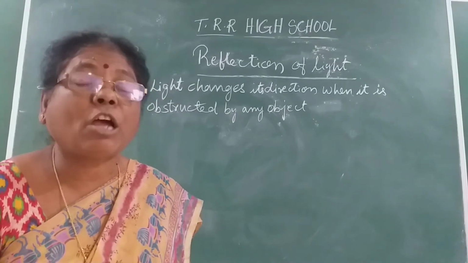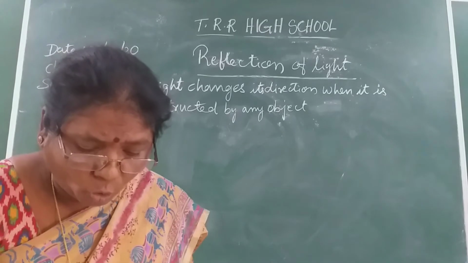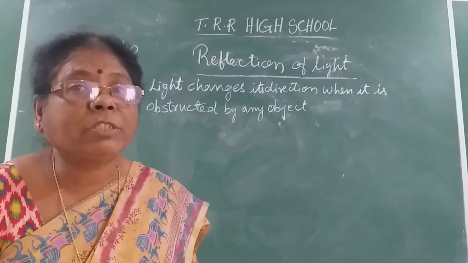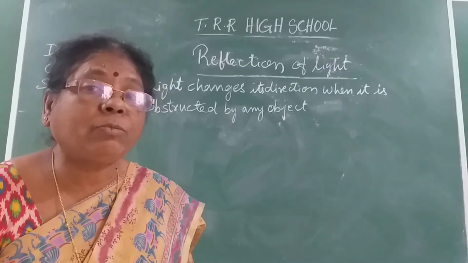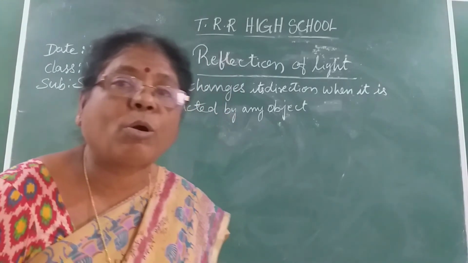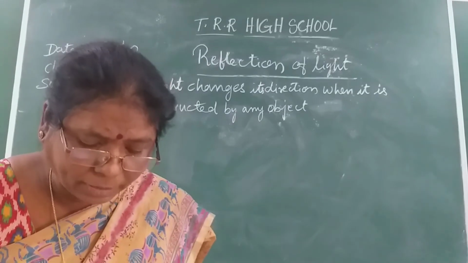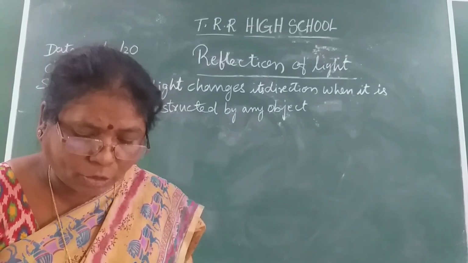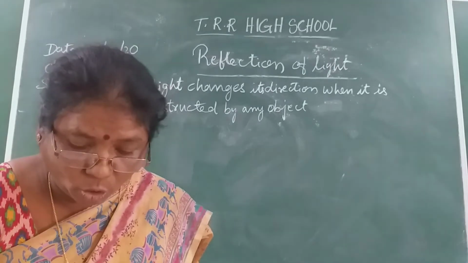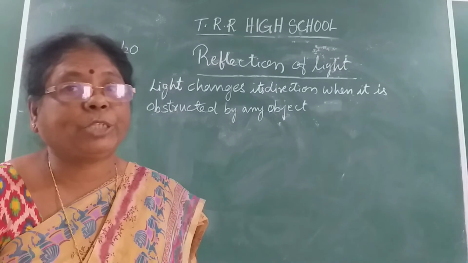Already in 6th class we studied shadows. How are shadows formed? What is required for the formation of a shadow? A source of light is required. And you have seen that the shadows change according to the position of the source of light and the position of the object.